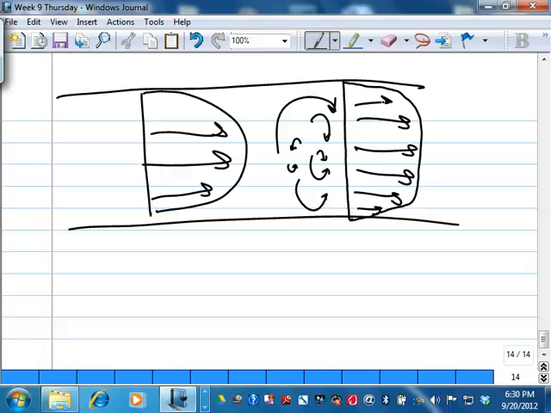So you expect here the du/dr to be low, here to be high, because of the mixing of the fluid.